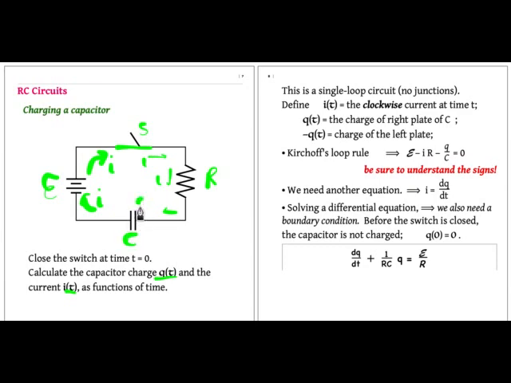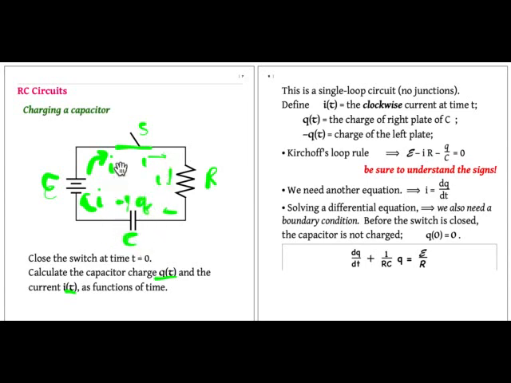So a positive charge will accumulate on this plate, and a negative charge will accumulate on this plate, because the capacitor itself will have net charge 0.